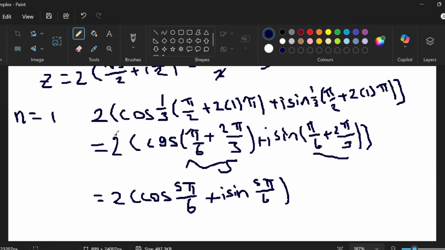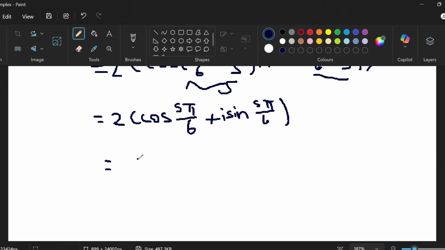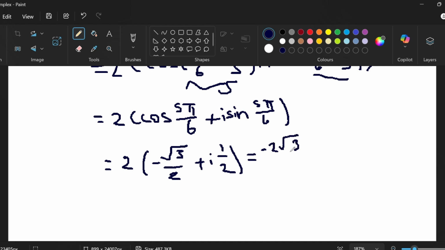Now again, if I want this in the form a plus bi, for the case of n equals 1, then this is going to be 2 times negative the square root of 3 over 2 plus I times 1/2, to which I will get negative 2 the square root of 3 over 2 plus 2I over 2. Then if I just divide out by these 2's, I will get negative the square root of 3 plus I. That is my second root.